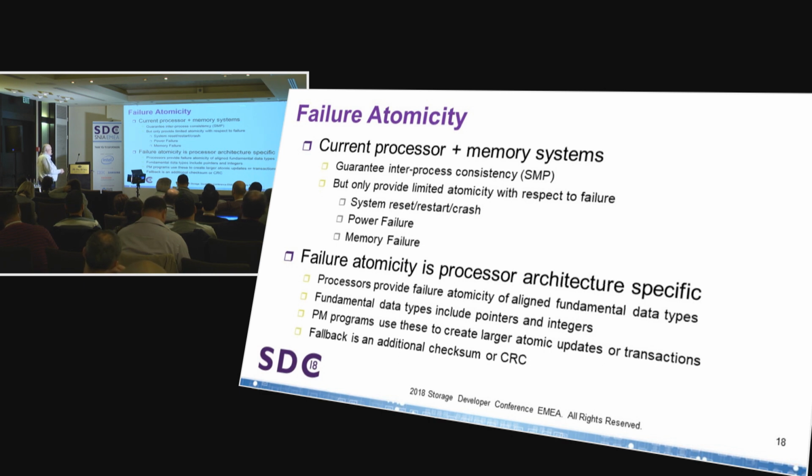And then persistent memory programs can use these to create larger atomic updates or transactions. And to fall back, you might have your own CRC or checksum with your data, so that you're basically saying, I don't trust the processor complex, or I want this to work on multiple CPU architectures, not just the one that I'm running on right now.